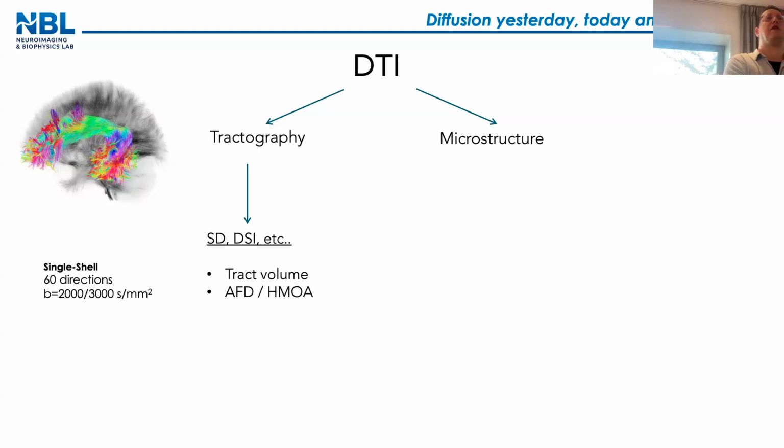With the limited time you have on the scanner, for example 10 years ago or a little more, people could only acquire 60 directions for research. Going to 100 for multishell was impossible because there was no multiband. Today is different, but at the time 60 directions was the realistic limit for clinical research applications. So people did 60 directions, b 2000, 3000, and used spherical deconvolution, Q-ball, etc.